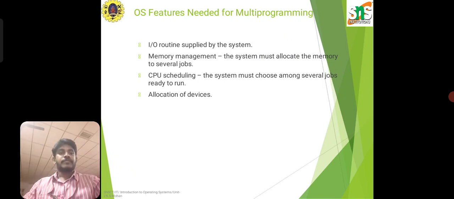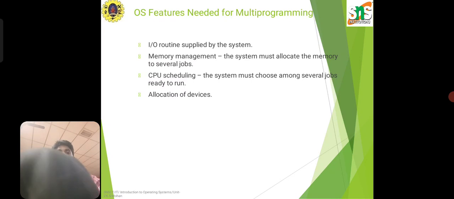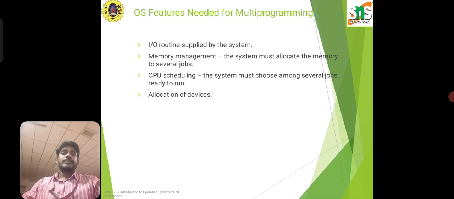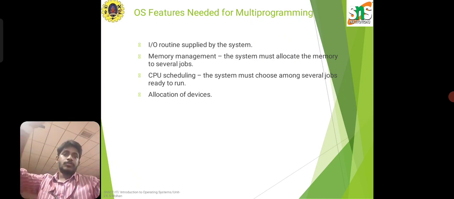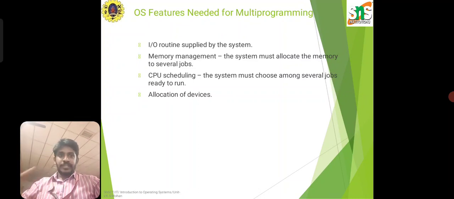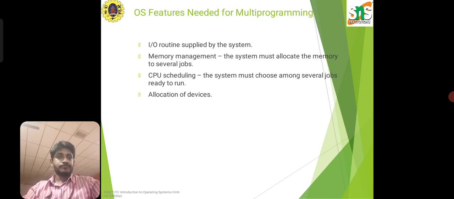In memory management, the system must allocate memory to several jobs. In the previous video, we saw the basic concepts of memory management. The system must allocate memory to job 1, job 2, job 3, job 4, and several other jobs. Next, CPU scheduling: the system must choose among several jobs that are ready to run.